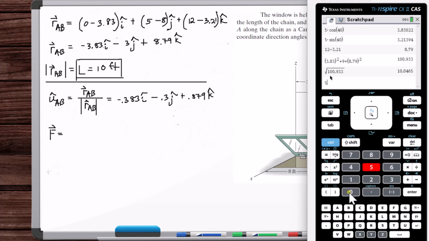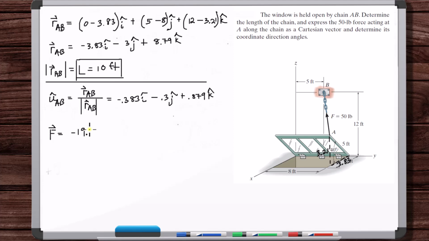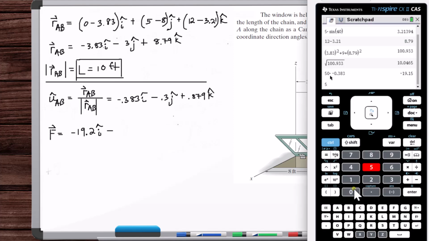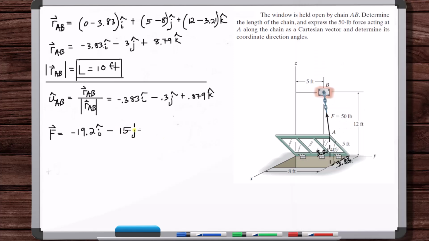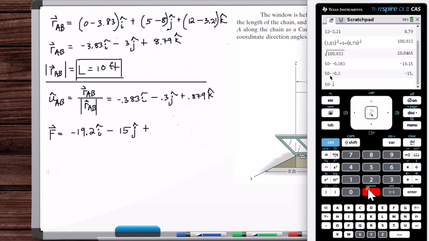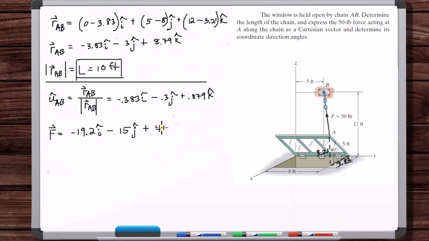So 50 times minus 0.383 is minus 19.2 i hat, minus 15 j hat, plus 44.0 k hat. Okay, so that's the force vector.